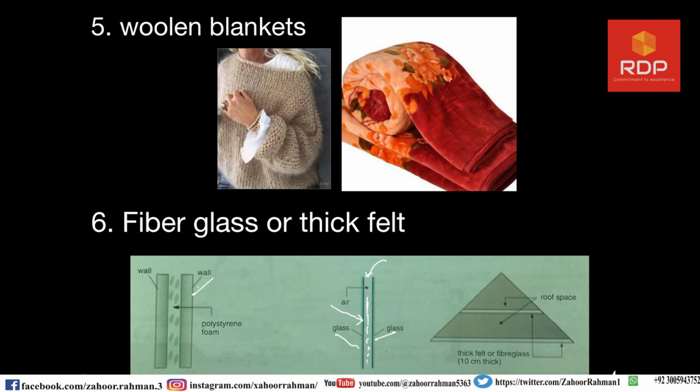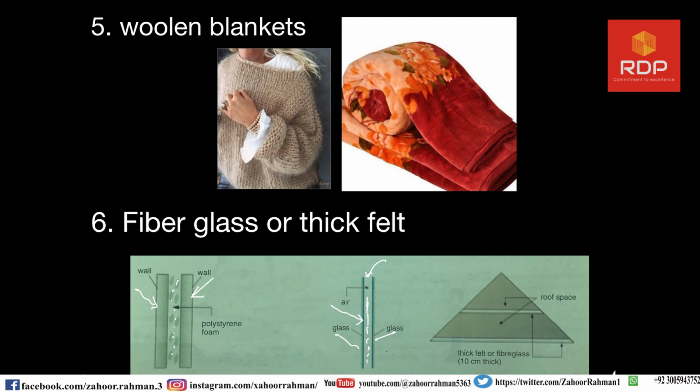This is also polystyrene foam. This is one wall and this is the second wall, and there is air pores inside that, and that is used to trap the air so it does not escape out.